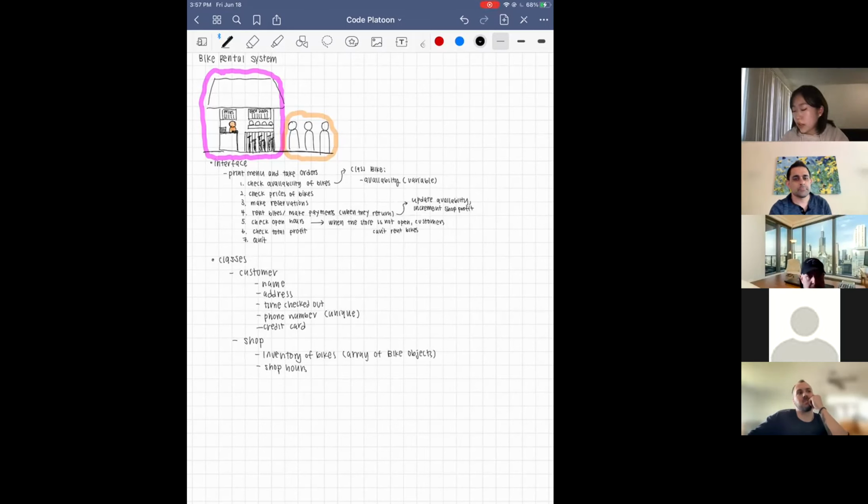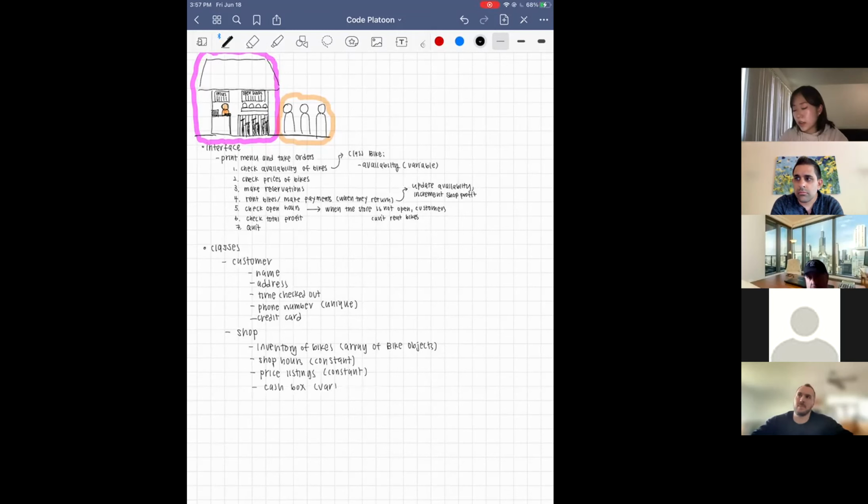And that will be constant as well. The cash box. And this would be variable because you can increment every time a customer borrows a bike. Anything else? If not, we can move on.